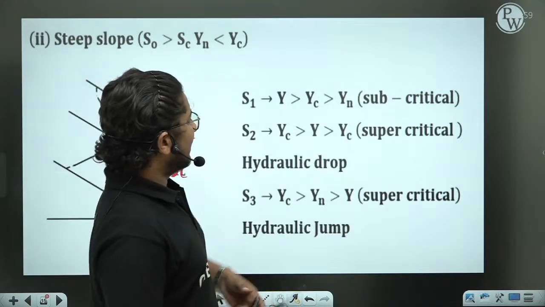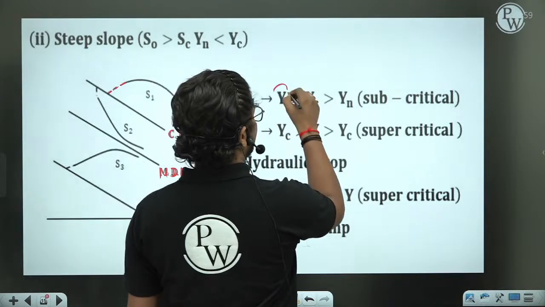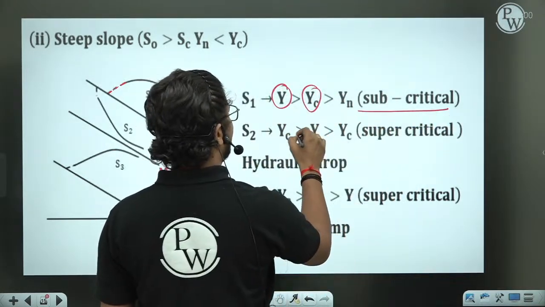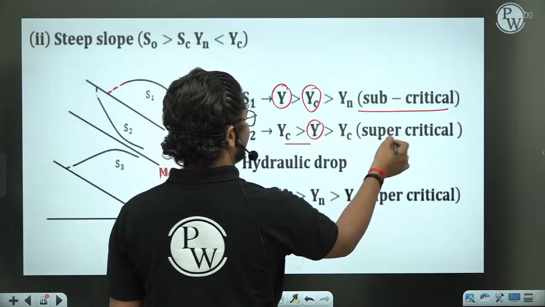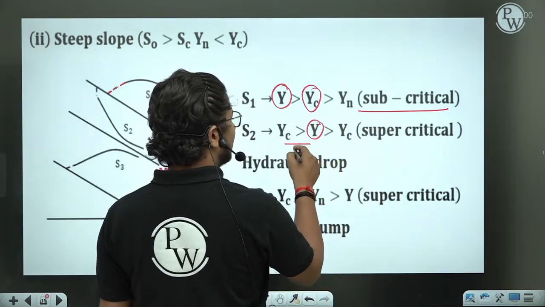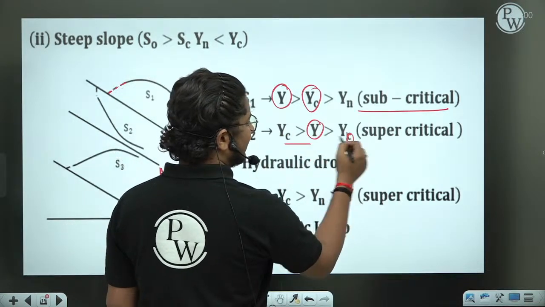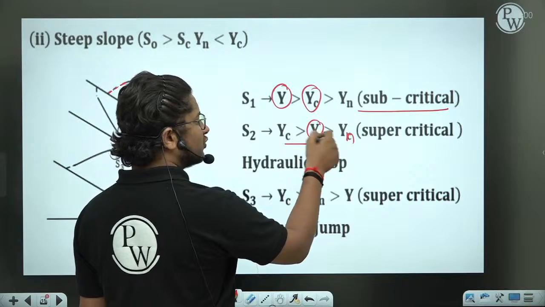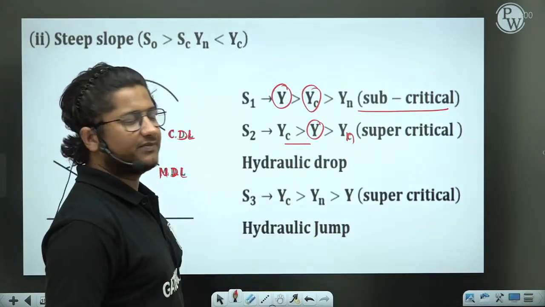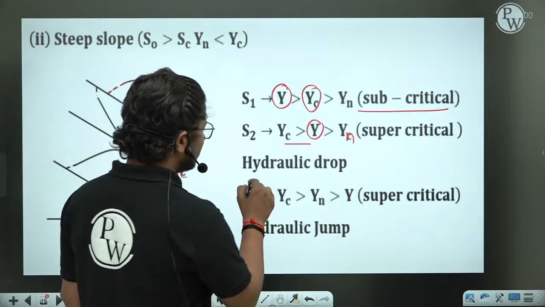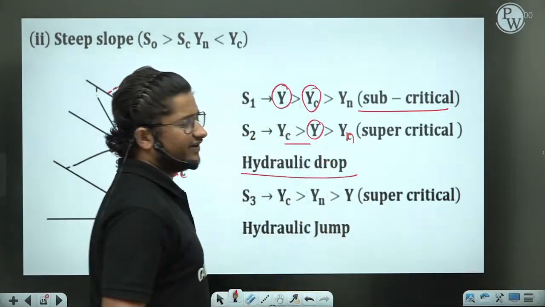For S1, the depth is more than the critical depth, so it is subcritical flow. Here you will find the depth is less than the critical depth, so it is supercritical, but yc is greater than y, and y is greater than yn. So your actual depth is more than the normal depth but less than the critical depth. It is something like a special case where you actually get the hydraulic drop.